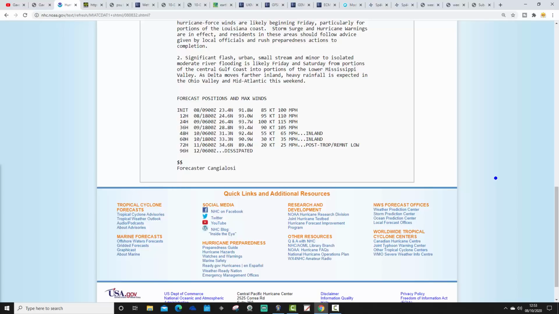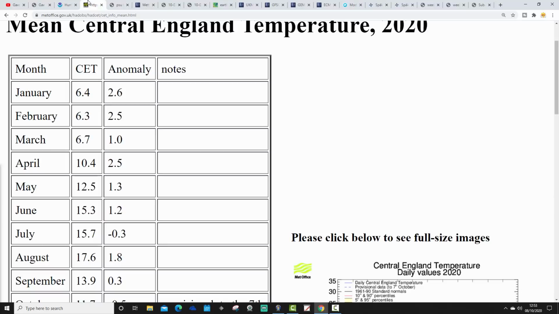So it's going to be pretty devastating as this system moves from the Gulf of Mexico onto the Gulf Coast of the United States. If anybody is watching from that area, then please do take care and heed the warnings and advice from your National Hurricane Center and NOAA, and also from your local authorities as well.